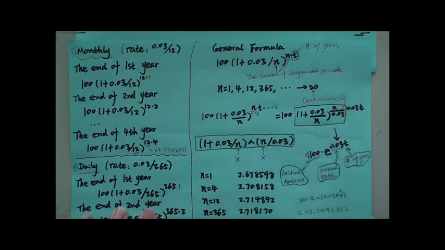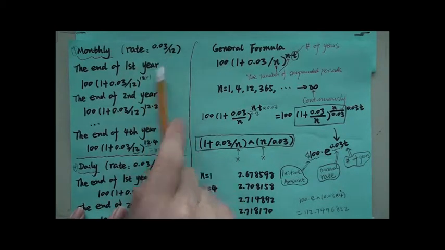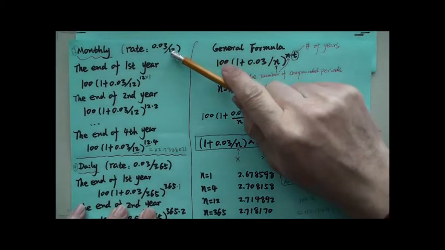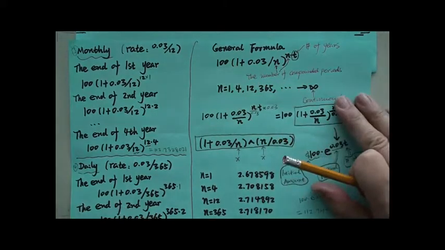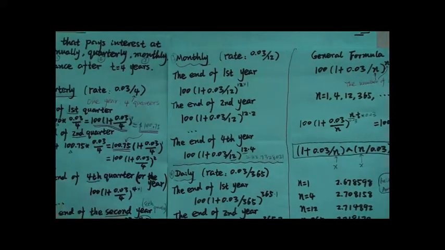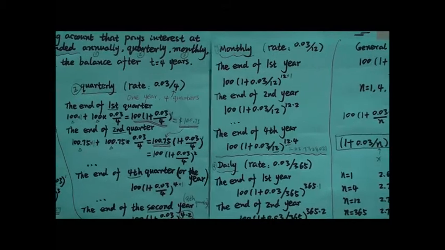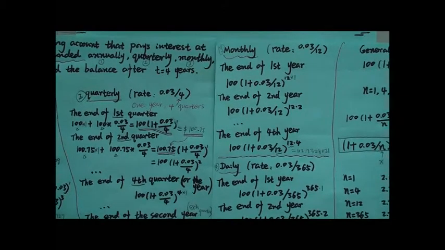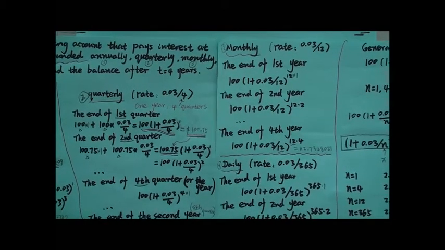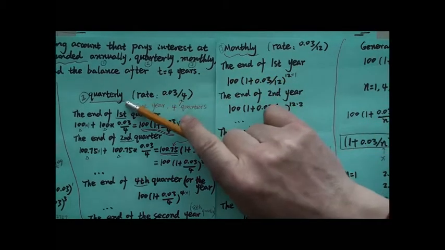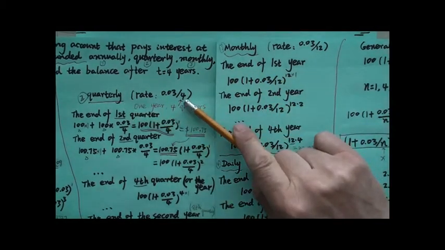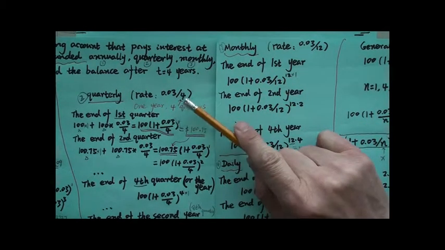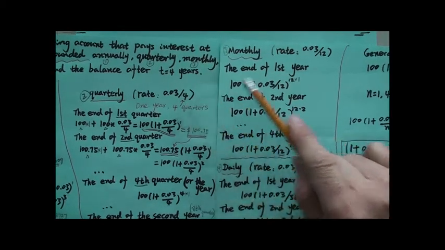Monthly, the rate will be 0.03 divided by 12. Let me put this comparison right here. This is monthly, this is quarterly. Quarterly rate is that, and then monthly rate is that.